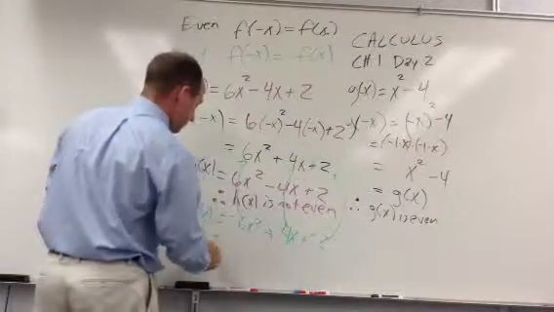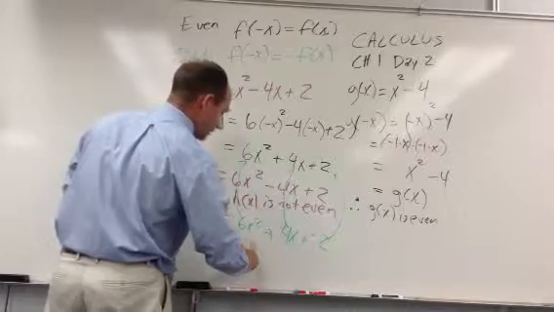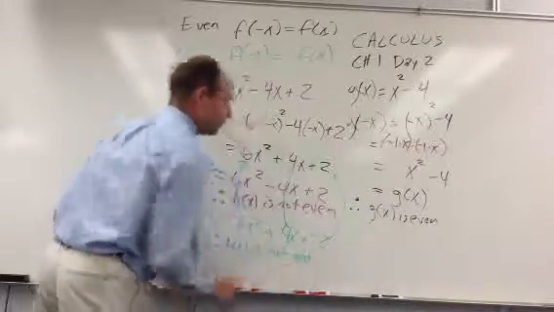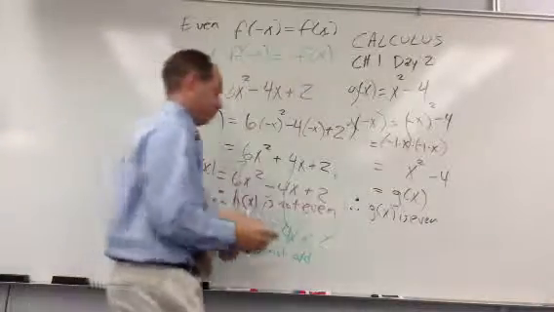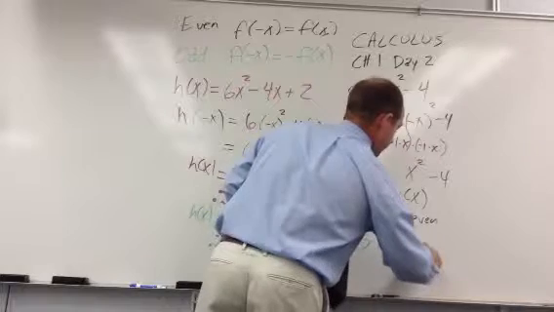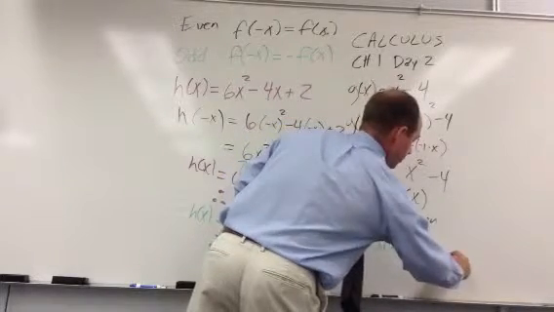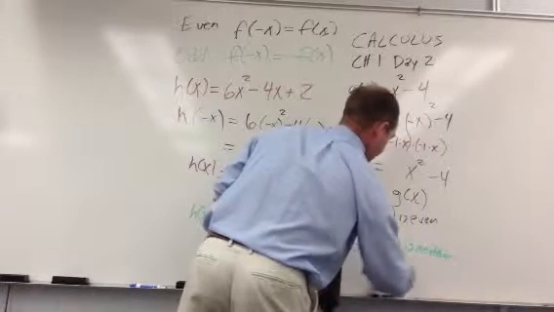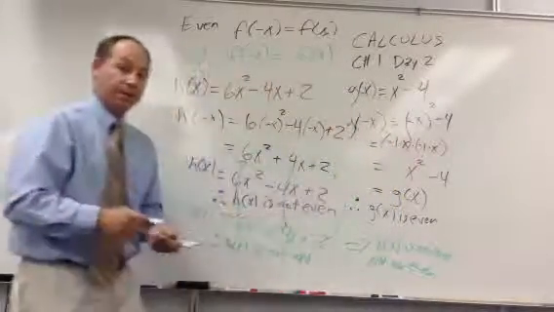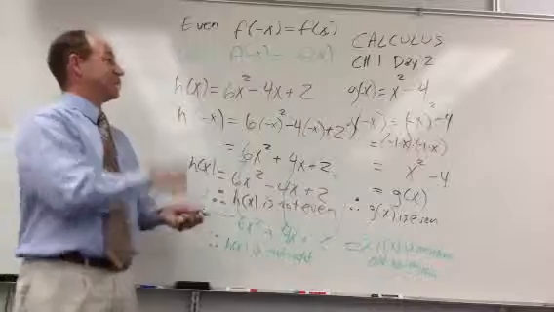Because that did not match, we say, therefore, h of x is not an odd function. And what does that leave me with? So, h of x is neither odd nor even.